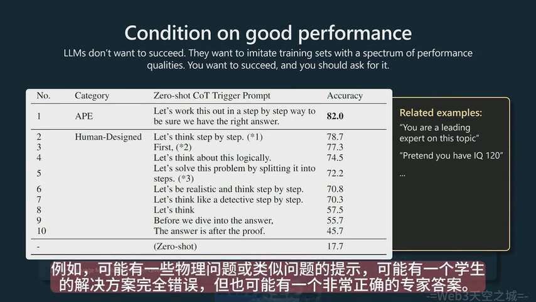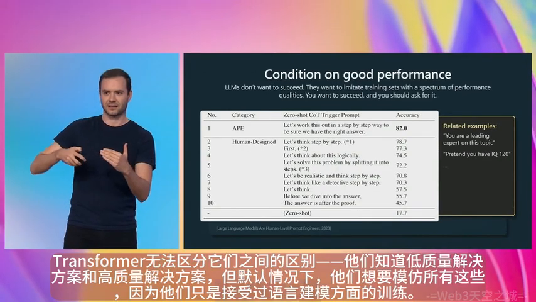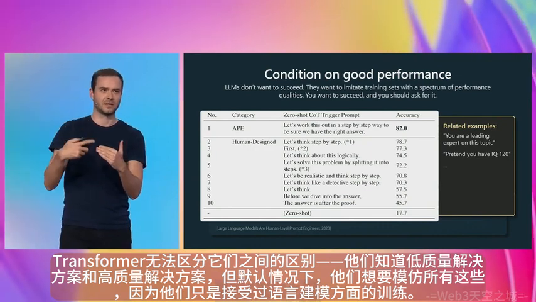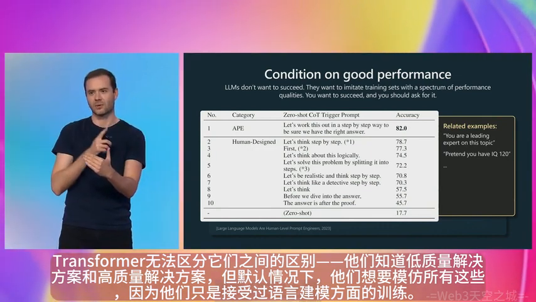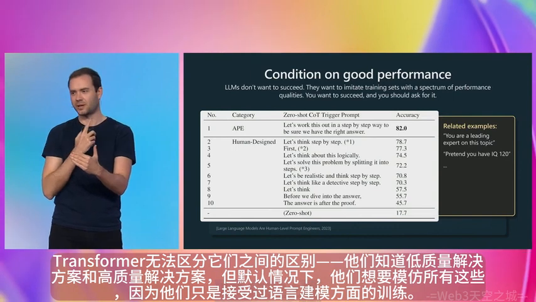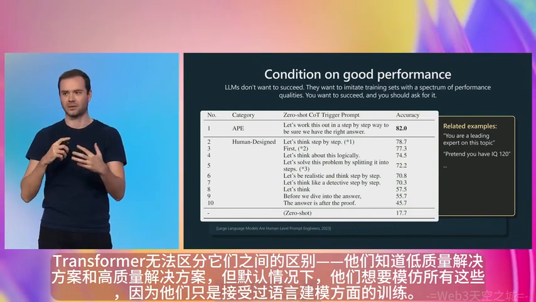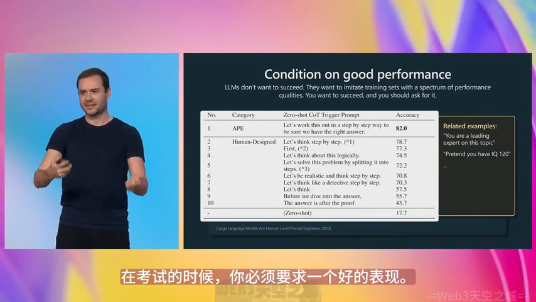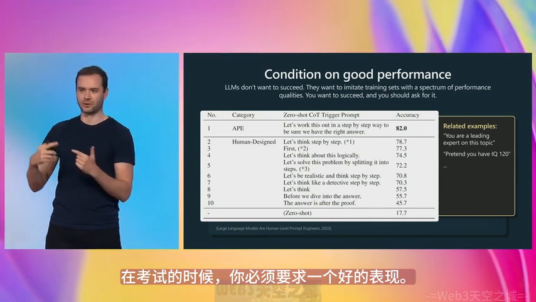For example, there could be a prompt for some physics question, and there could be a student solution that is completely wrong, but there can also be an expert answer that is extremely right. Transformers know about low-quality solutions and high-quality solutions, but by default, they want to imitate all of it because they're just trained on language modeling. And so at test time, you actually have to ask for a good performance.